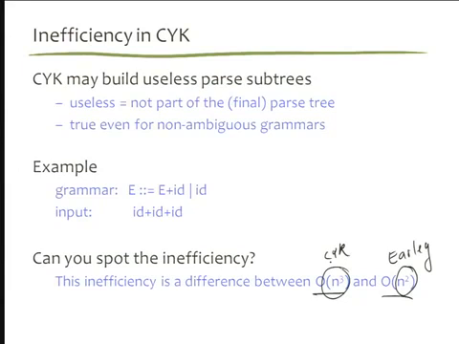Now, I want to convince you that it actually matters to look at these asymptotic numbers. So if the n squared Earley in some unit of time, say 10 seconds, parses, say, 1,000 characters, how much will CYK do? 100. Excellent. So is there a difference between 100 and 1,000? It's only a factor of 10.